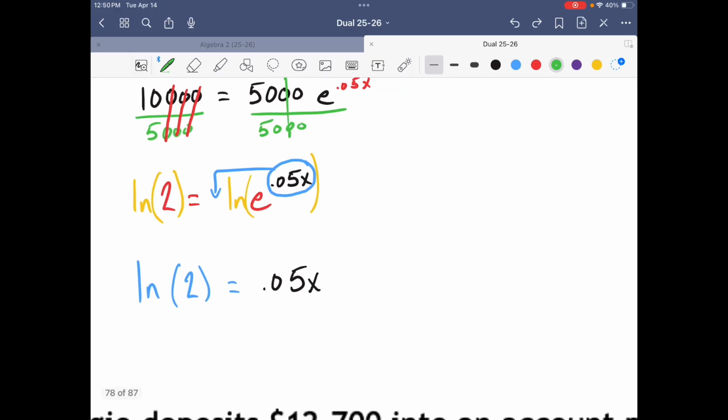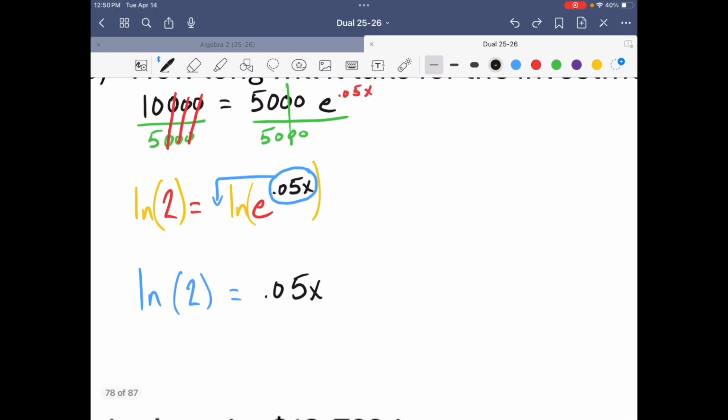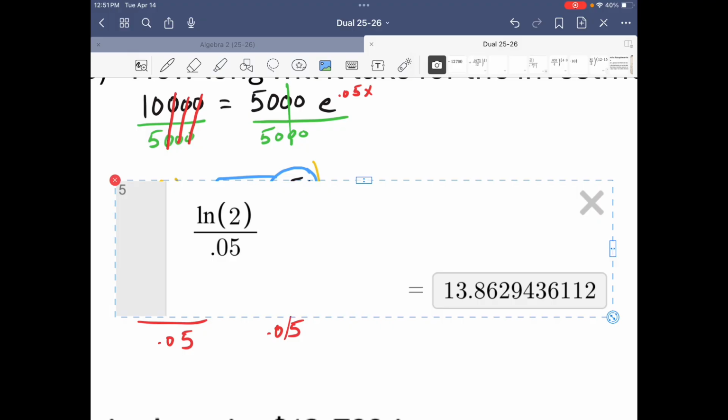And here we go. So how do I get x by itself? Divide by 0.05. So this is our answer. But of course, you get to round to the nearest whole number because we're talking about years again. So let me see here.